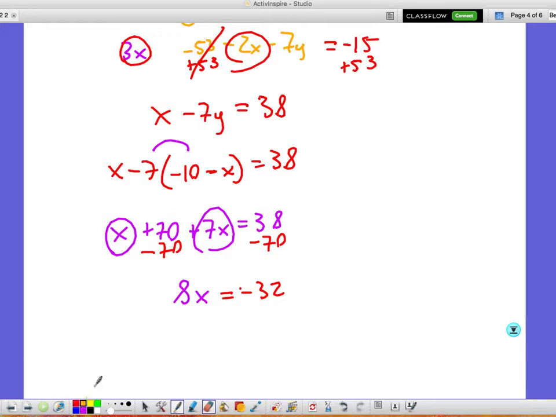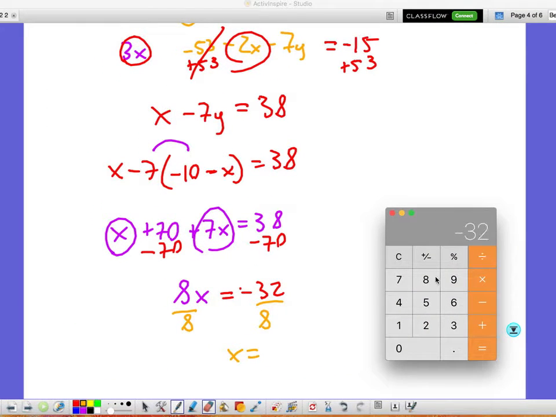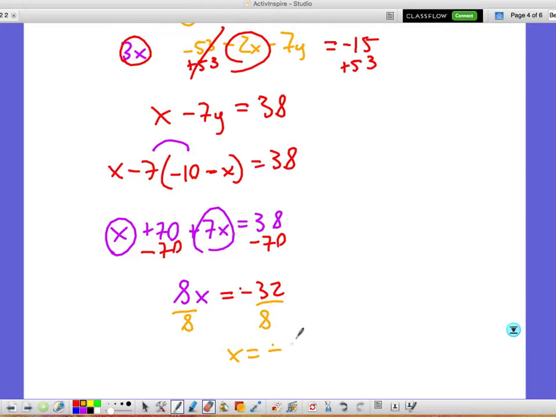Alright, we're very close to solving for x here. And x is equal to negative 32 divided by 8. And that gives me negative 4. Okay, so we finally solved for x.